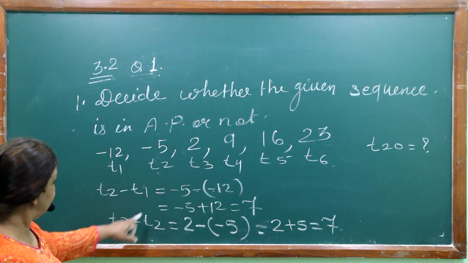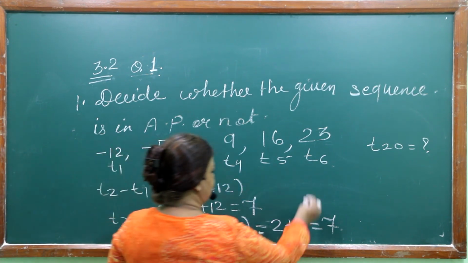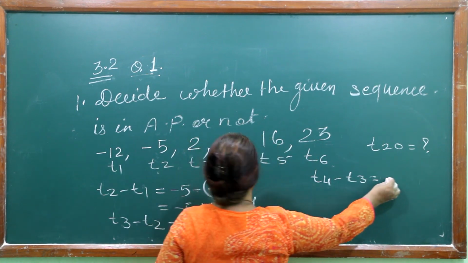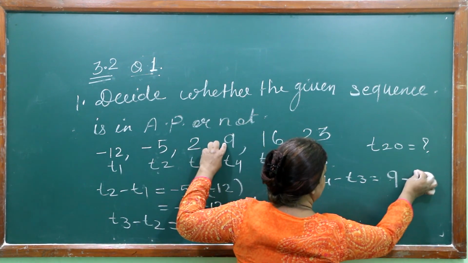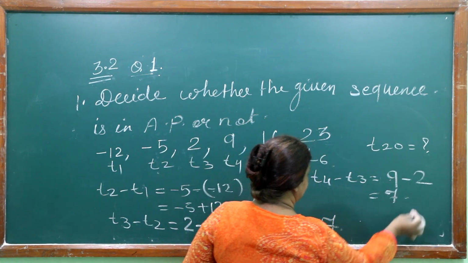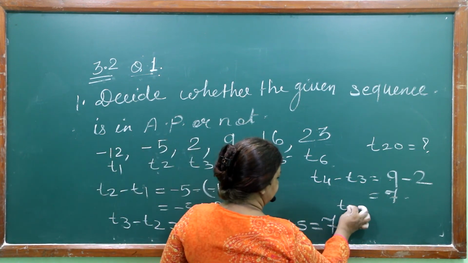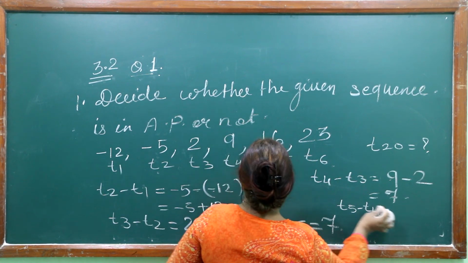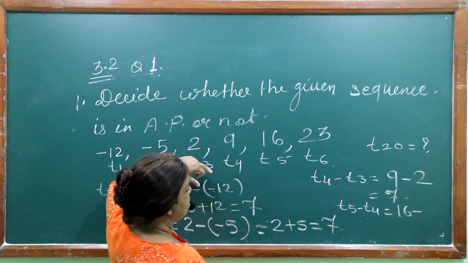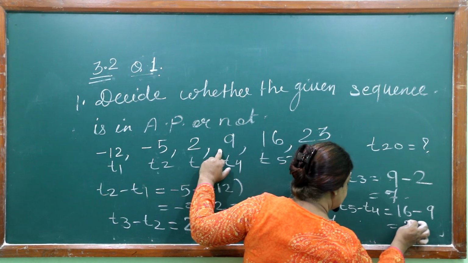Now T4 minus T3: T4 is 9 minus 2, which is equal to 7. We can go for T5 minus T4: T5 is 16 minus T4, which is 9. 16 minus 9 is 7.